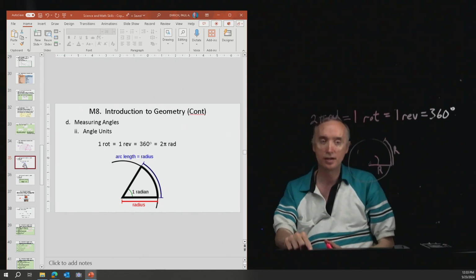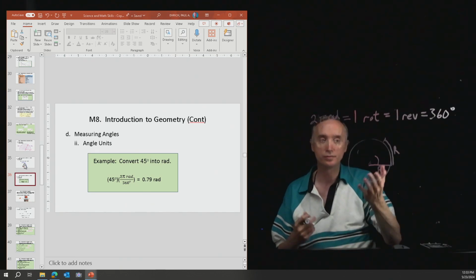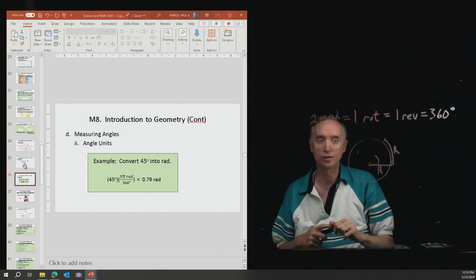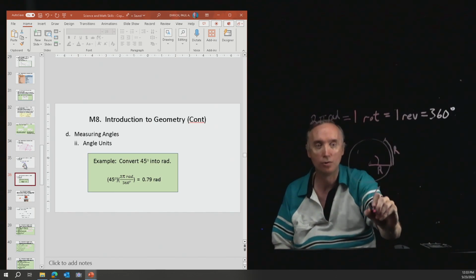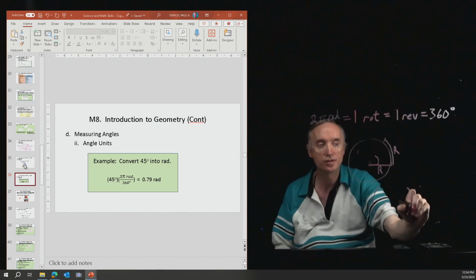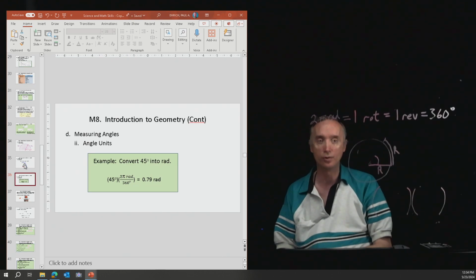So here's an example of how to use this formula. Convert 45 degrees into radians. Do you remember, to convert something, you always have two sets of parentheses. In the first set of parentheses, you write down what you start with.